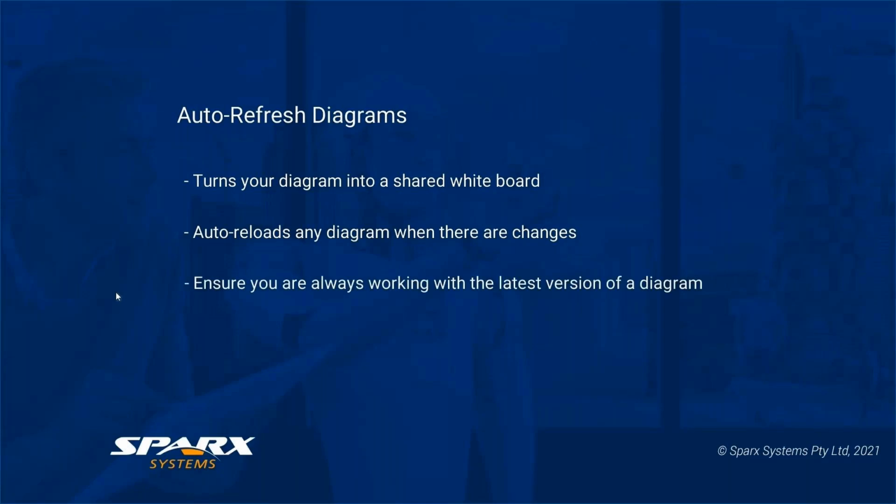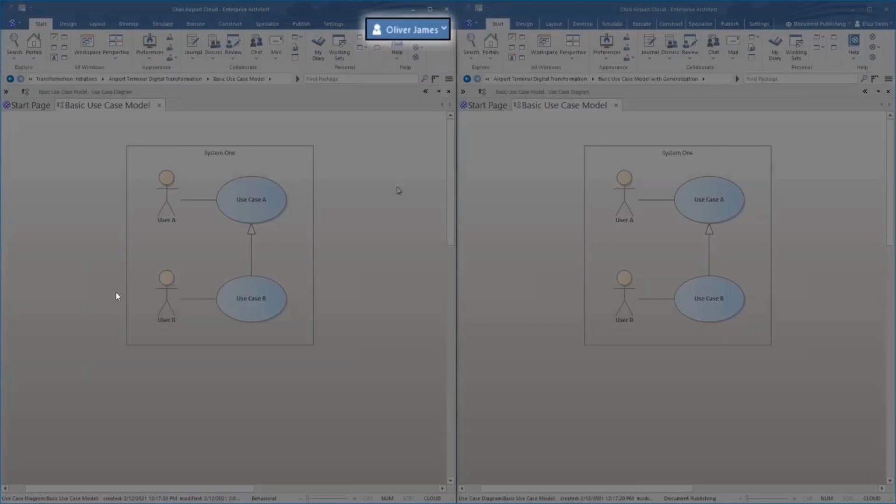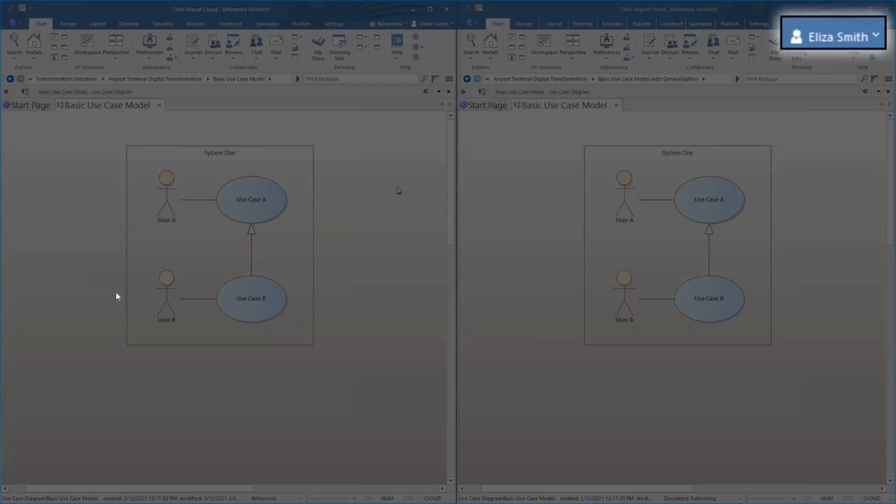So just once again, just highlighting some of these things about the auto refresh diagrams. It allows you to turn your diagram into a shared whiteboard, allows you to auto reload. And so I've covered some of these elements already.